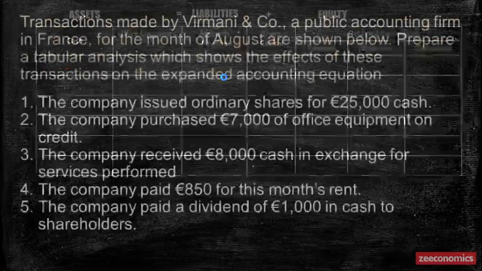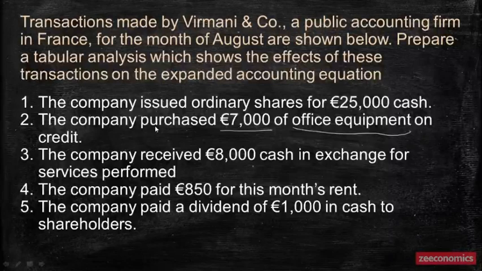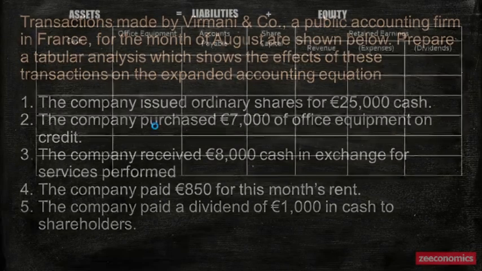Proceed to transaction number 3. The company received 8,000 euro cash in exchange for service performed. So it means they have already performed their service for the customer, and the customer has also paid 8,000 euro in cash. So it's pretty basic.